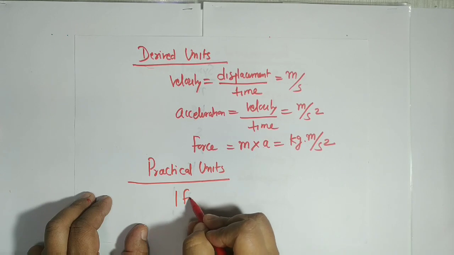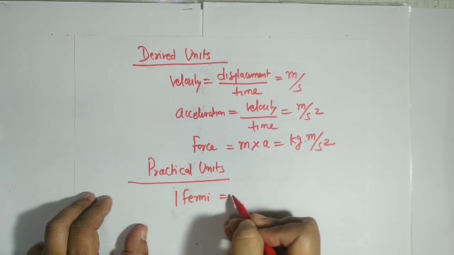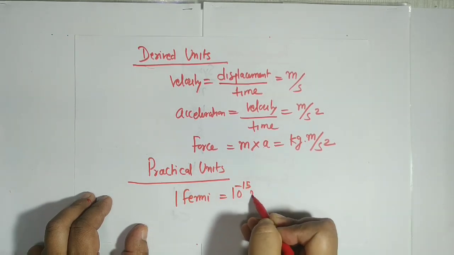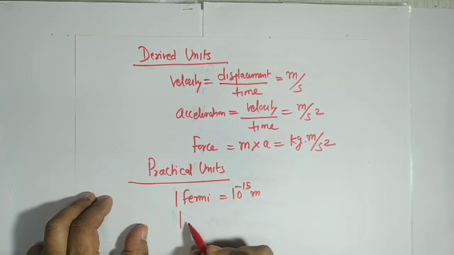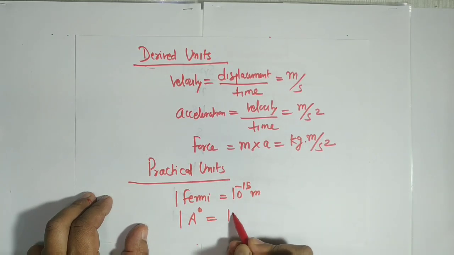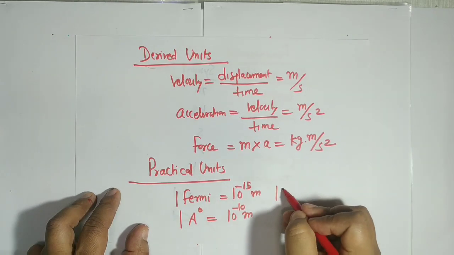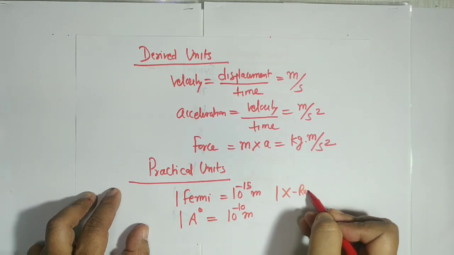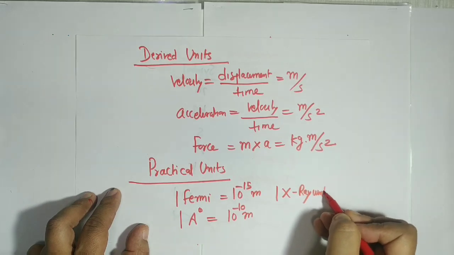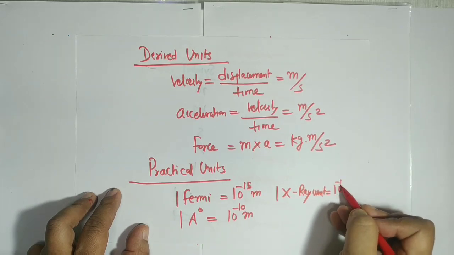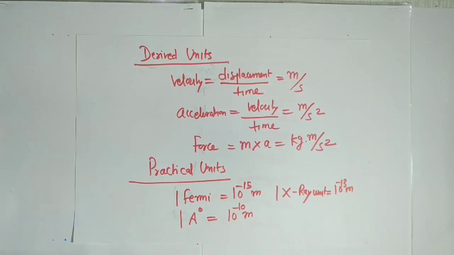Like 1 Fermi, nuclear distances are measured in 10 to the power minus 15 meter, or 1 angstrom is 10 to the power minus 10 meter. 1 X-ray unit is 10 to the power minus 13 meter. These are the practical units which are going to be used in the lab.